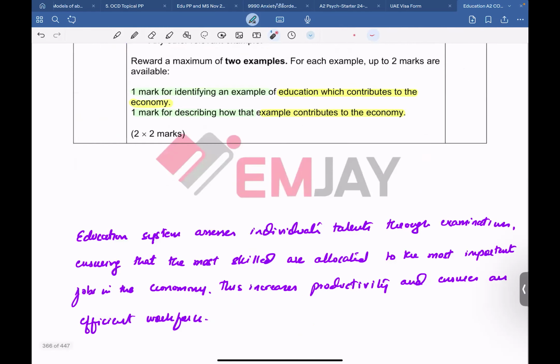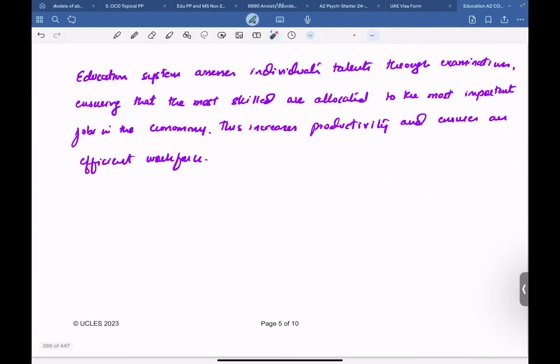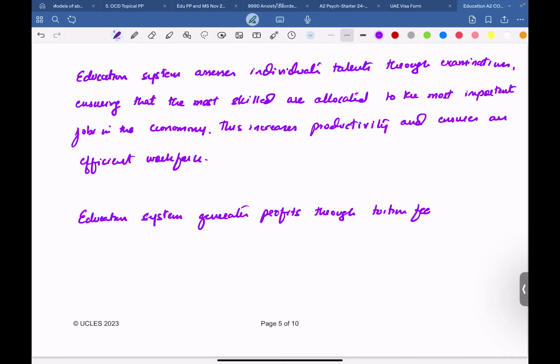Okay. So if I take this ahead and write down the second point over here, I could say the education system generates profits through tuition fee or school fees, through publishing of educational material, and international students.